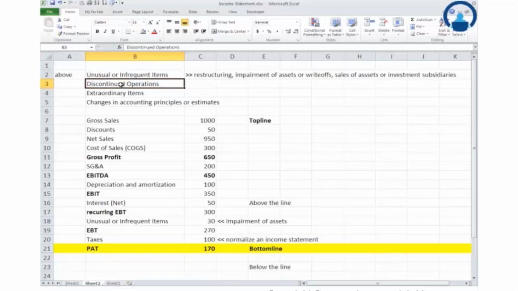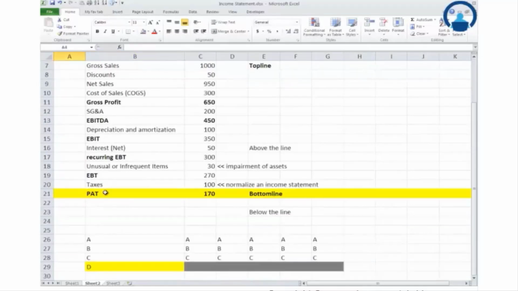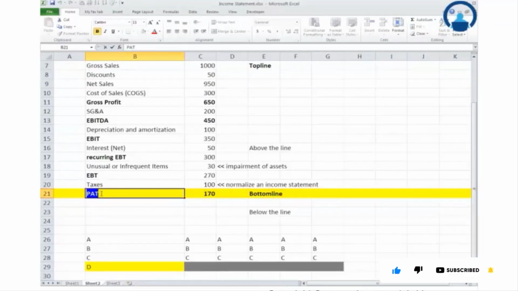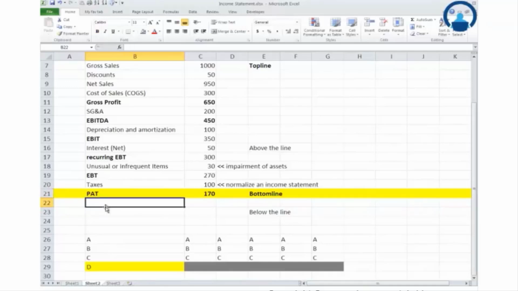And where exactly it is written in the income statement is below the line. So where is below the line? Actually the line is profit after tax, which is the already calculated line. Below this, we include the term called income from discontinued operations, and this is actually reported net of taxes.